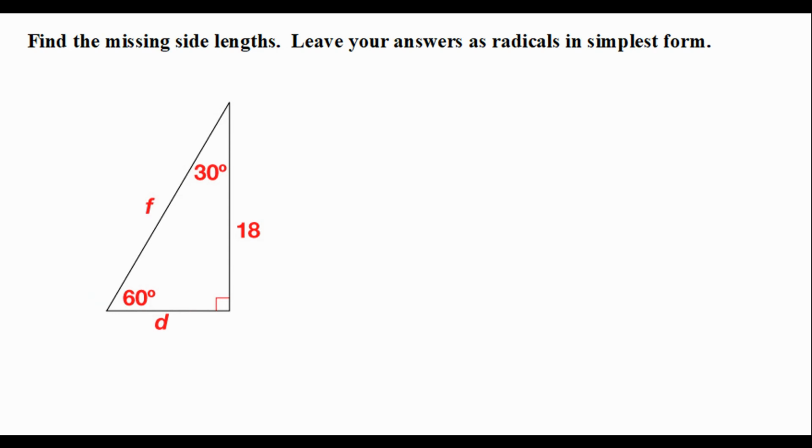In the next example, we're going to follow the same pattern. Now, the side length we are given is across from the 60-degree angle, so it's equal to x root 3. So if I write an equation, I have x root 3 equals 18. Now to solve, since it's multiplied by root 3, I divide both sides by radical 3.